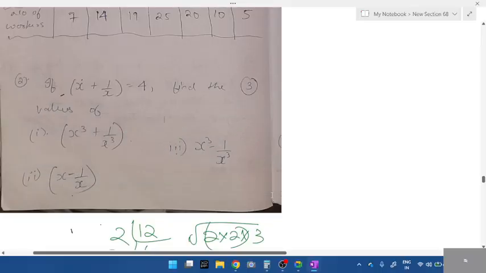For the first one, it was 52, right? Okay, second one. Root. No, no, 12 root 2, 3. Okay, next one. x cube. 30 root. Okay, 30 root. Fine. Next one.